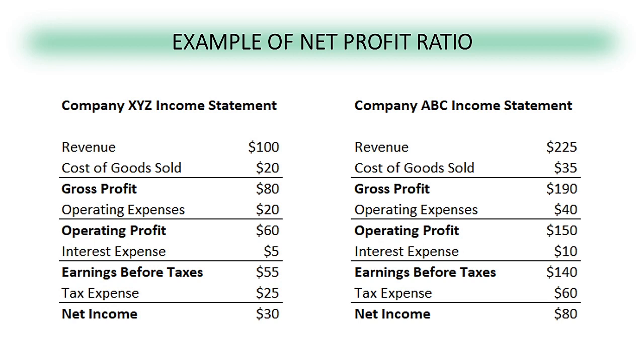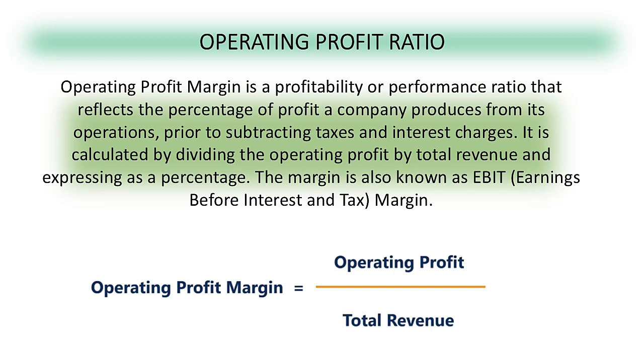And for company ABC, we have a computed net profit margin of 35.56%. Now, it means that the company ABC has a higher net profit margin. Take note that a higher net profit margin means that the company is more efficient at converting sales into actual profit.